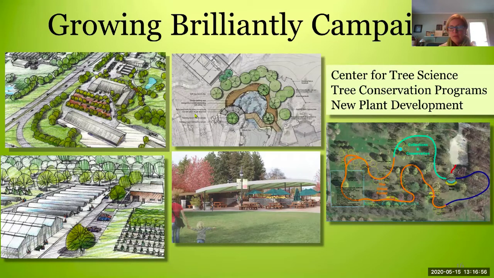We looked at the children's garden improvements, so not only improving the building, but also looking at the walkway around Wonder Pond and a new picnic pavilion roof. And then the other projects that made it into this capital campaign were the Center for Tree Science, the Tree Conservation Program, and the new plant development projects, and the Center for Tree Science included the Gateway to Tree Science.